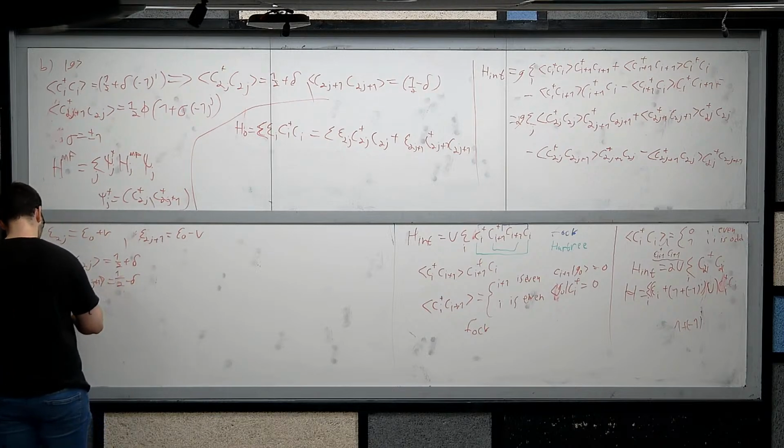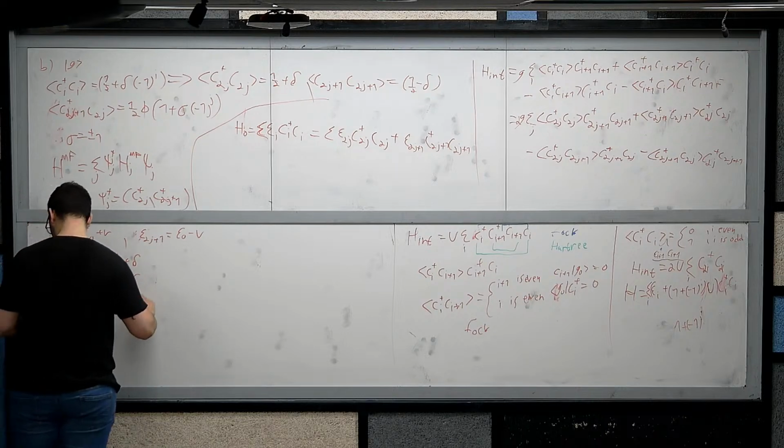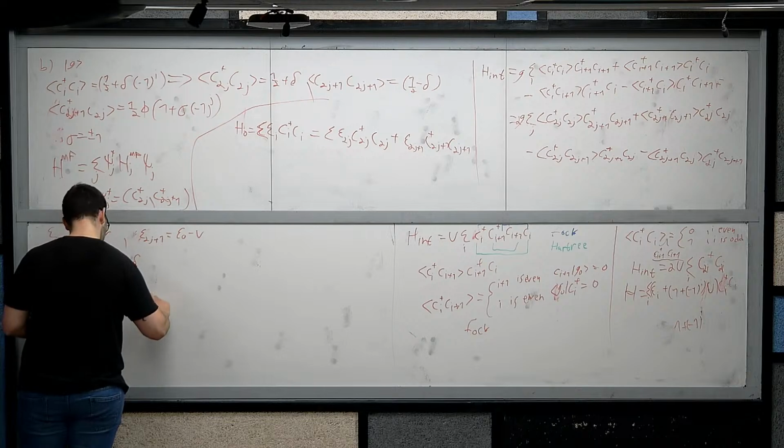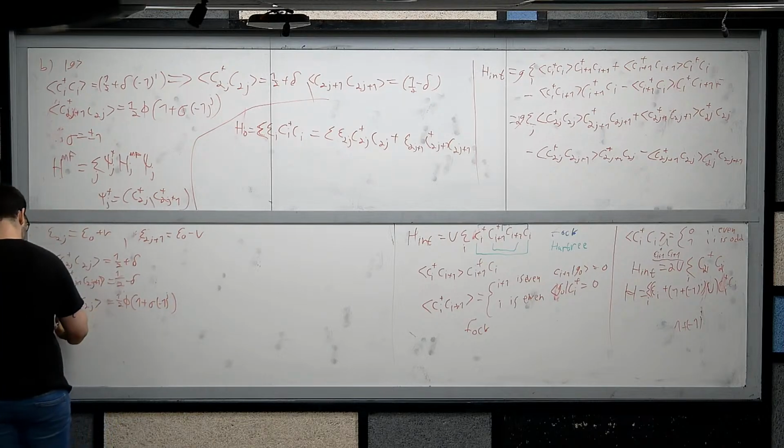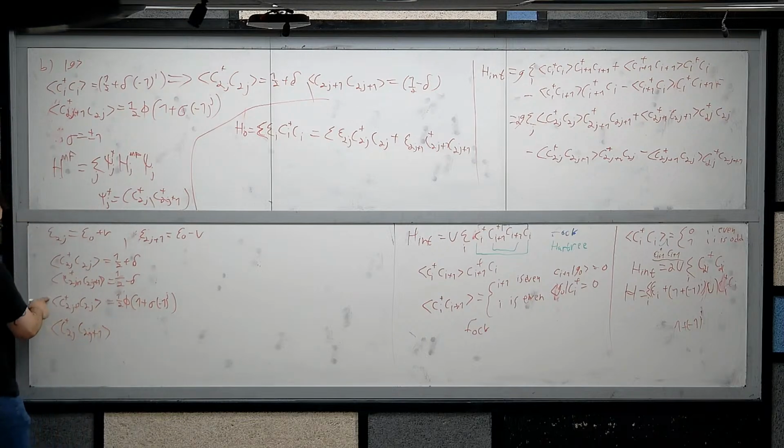And C2j plus 1 dagger C2j equals 1 over 2, 1 plus delta, times rho to the power of j, and C2j dagger C2j plus 1 will just be the conjugated first term.